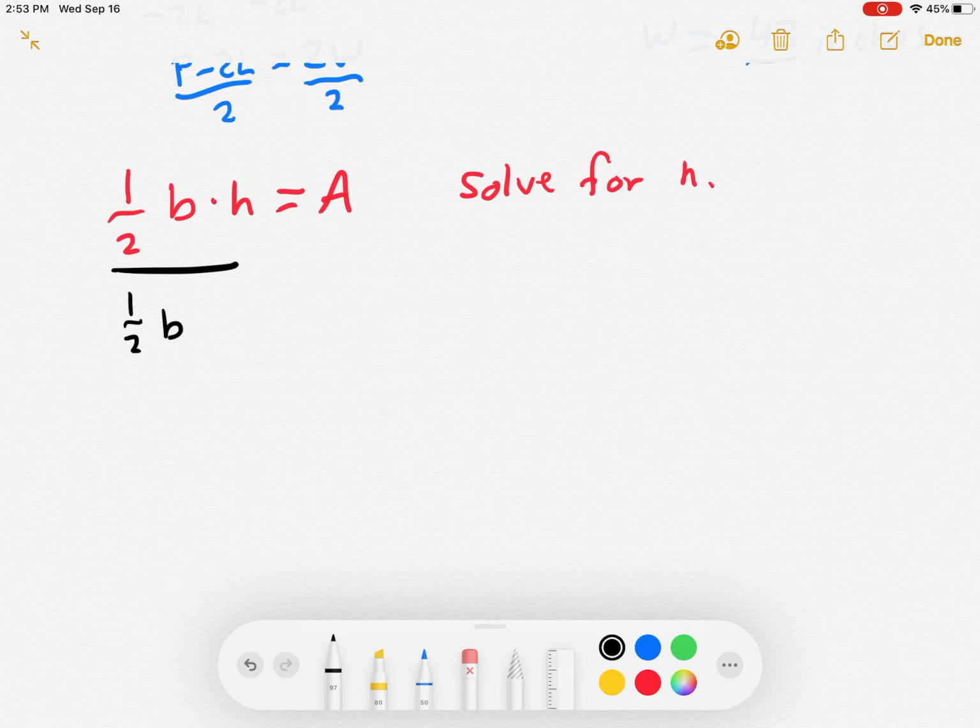Here's my word of caution. While you can technically do this, dividing by a fraction or a decimal can give you some wonky answers later. I think it's a better idea, instead of dividing by that, to multiply both sides by 2 over 1, otherwise known as the reciprocal.